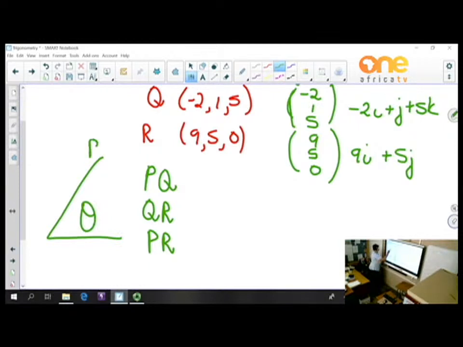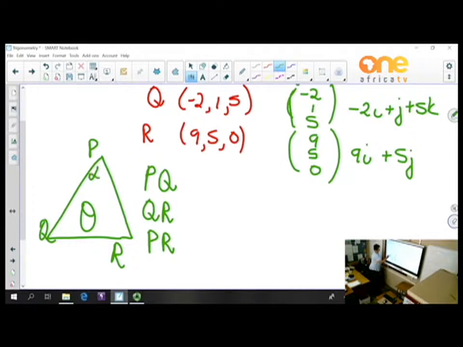So if I want to find Q, PQR, then I will have QP and QR. Can you see? And if we complete the triangle now, if I want R, then it will be RQ and RP. And if I want P, it will be PQ and PR. This is how I will calculate those angles there.